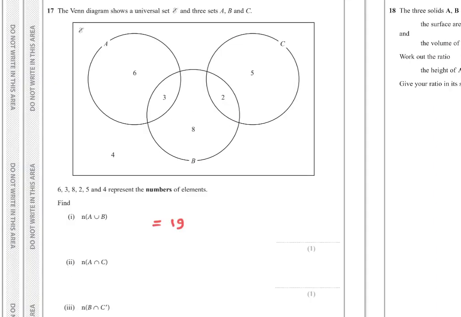Double I, n of A intersect C. A and C, there is no common region between A and C, so there is no common elements between A and C. So number of elements, 0.